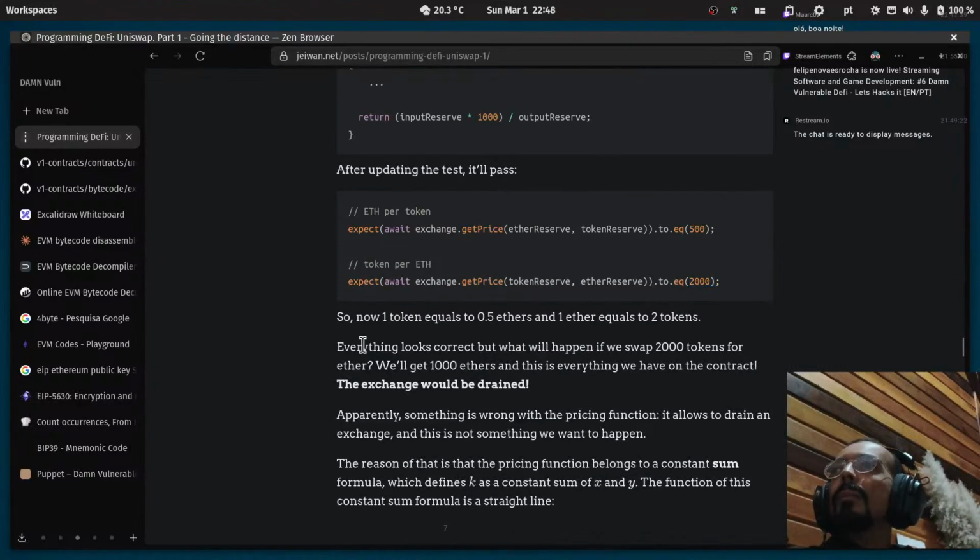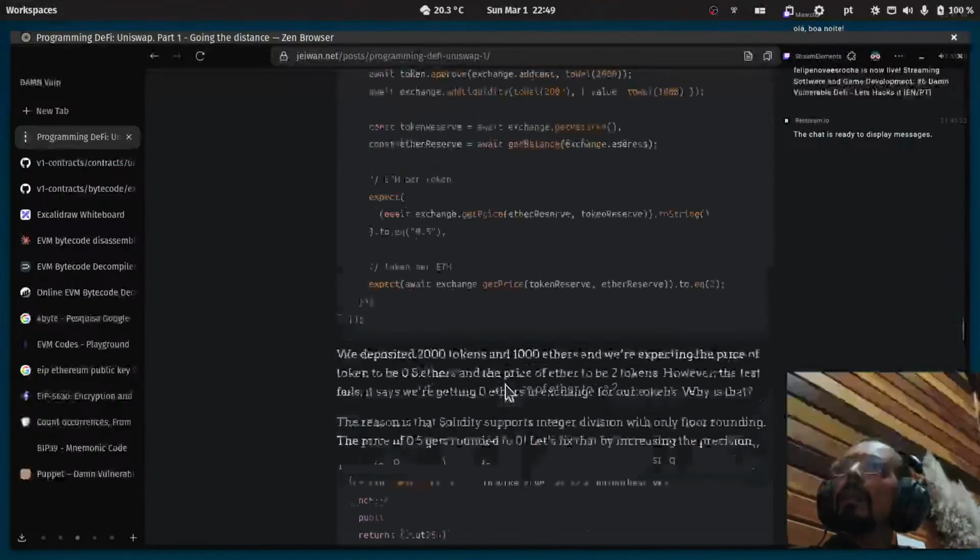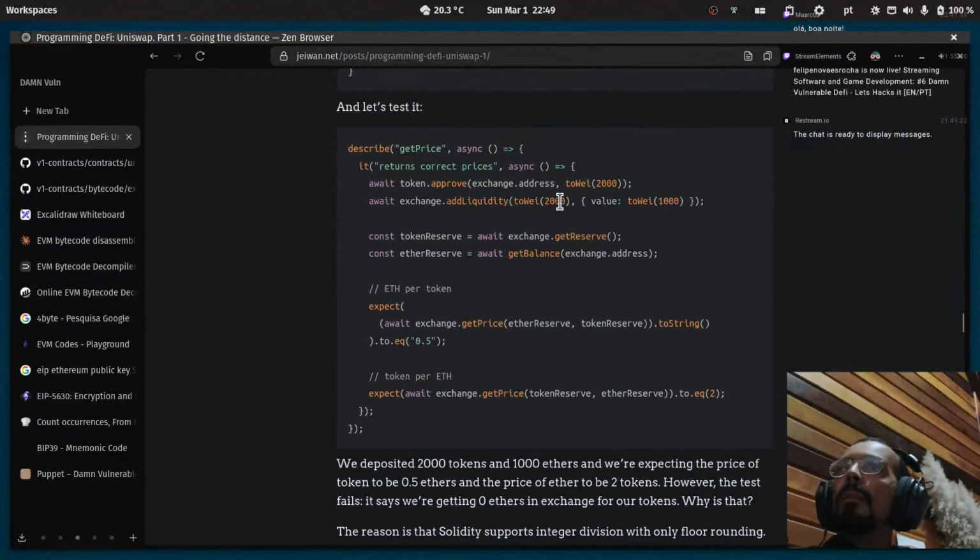Okay. Everything looks correct, but what will happen if we swap 2000 tokens for Ether? We will get 1000 Ether, and this is everything we have in the contract. The exchange will be drained. So let's see here. They have 1000 only, right?